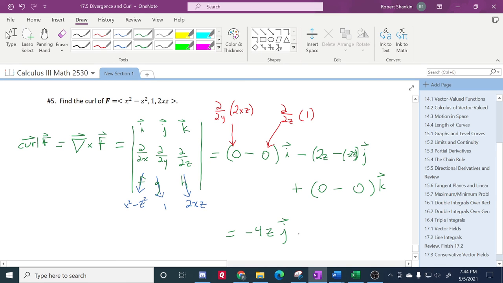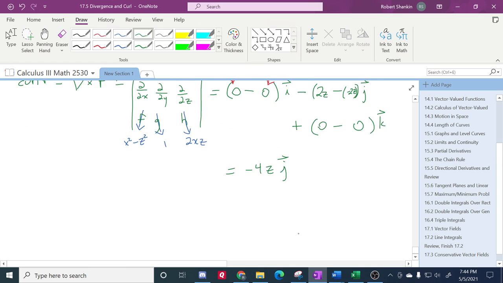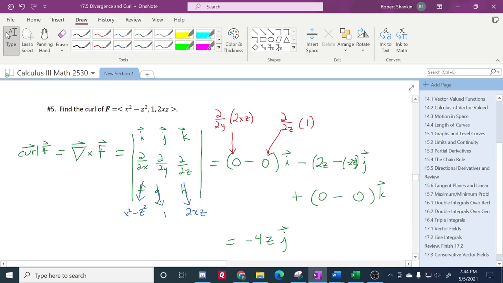And that's it, the others are 0. So it's equal to 0, negative 4z, 0. And it's a vector, and that's the curl of this vector field.